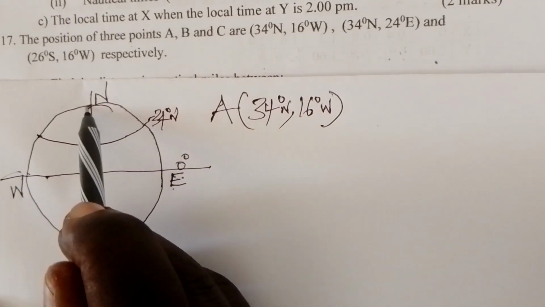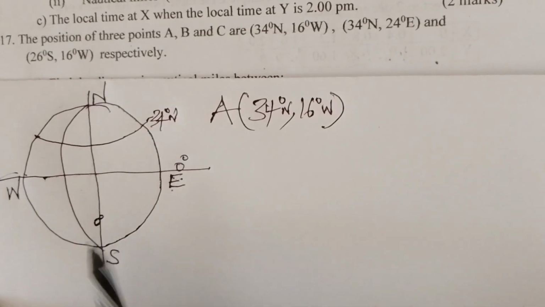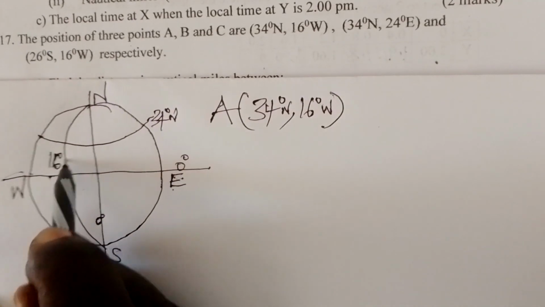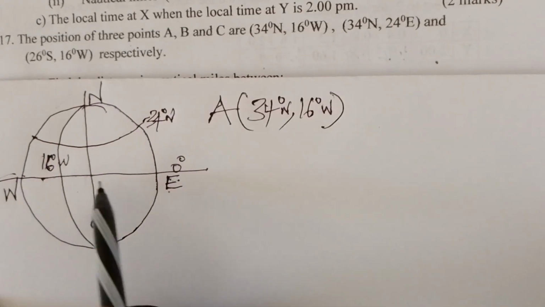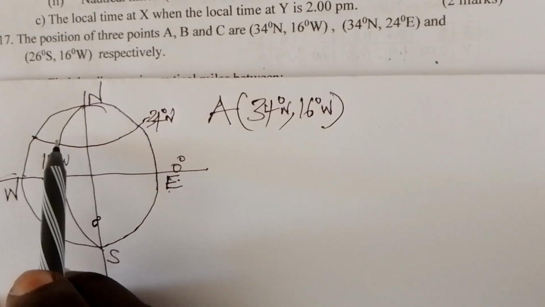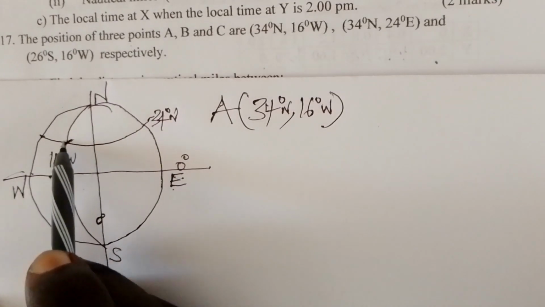We draw another longitude here to represent 16 degrees west. So A is this point here. That is where A is.